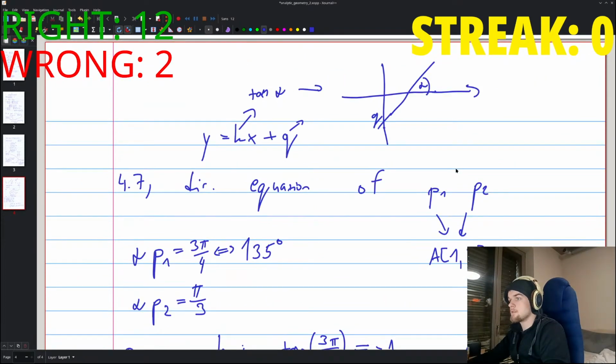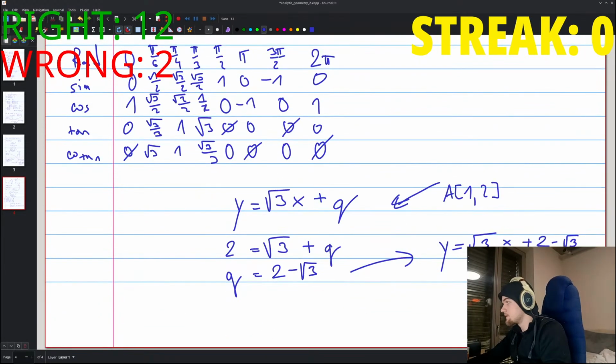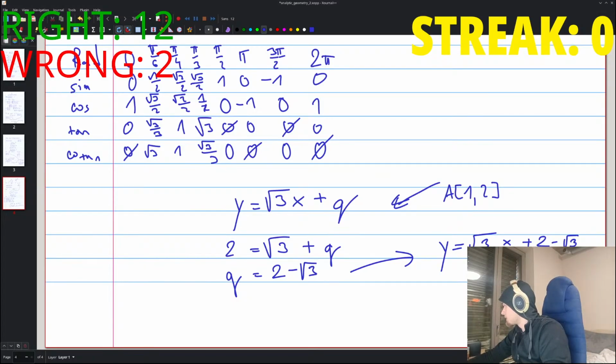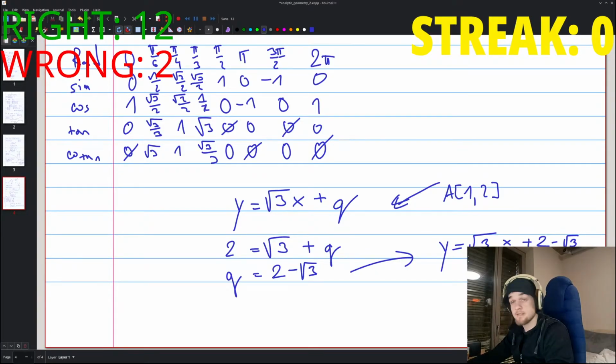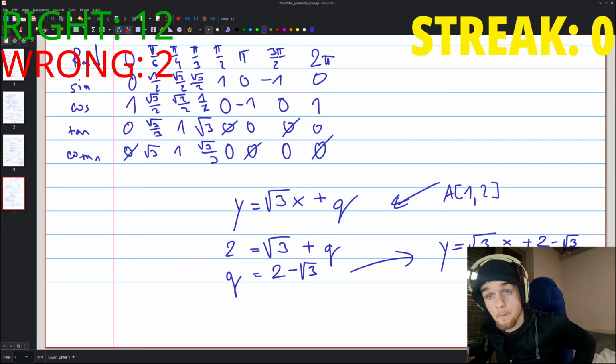The angle is 60 degrees. Let's quickly check that. The first good sign is that it's going through the correct point. Tools. 60 degrees. Wow.